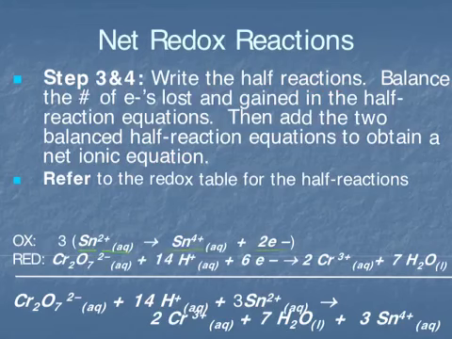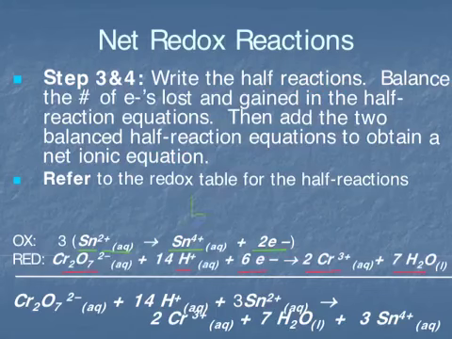For our strongest oxidizing agent, dichromate, we have dichromate plus hydrogen plus 6 electrons to yield 2 chromium 3+ and 7 waters. Next, we have to determine the lowest common multiple between the electrons that are oxidized and reduced. Here for the oxidation reaction, we have 2 electrons, and for our reduction reaction, we have 6 electrons.